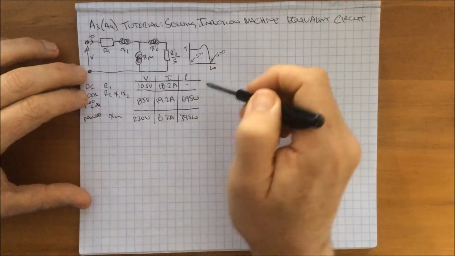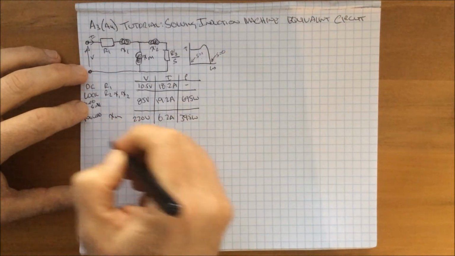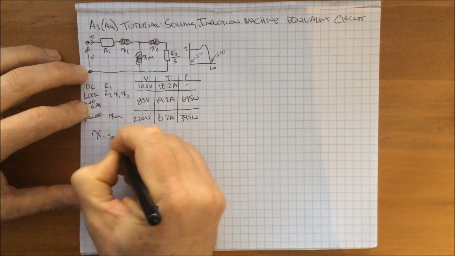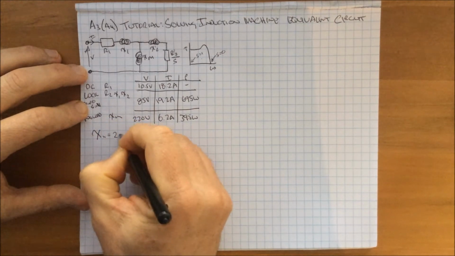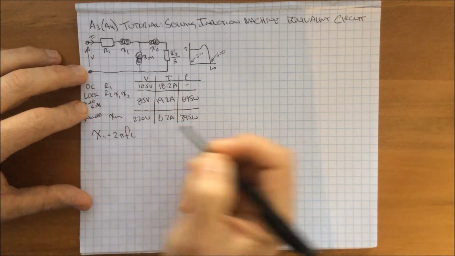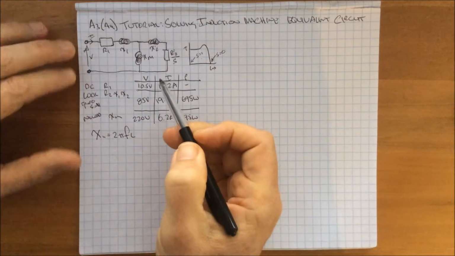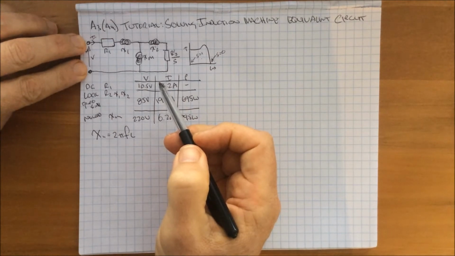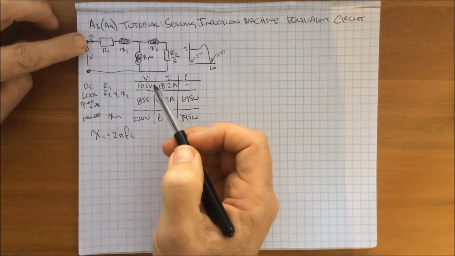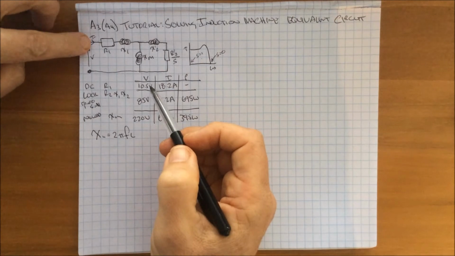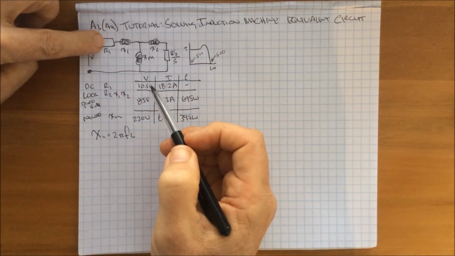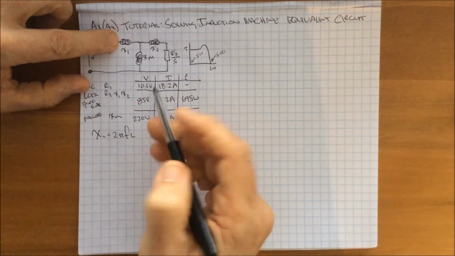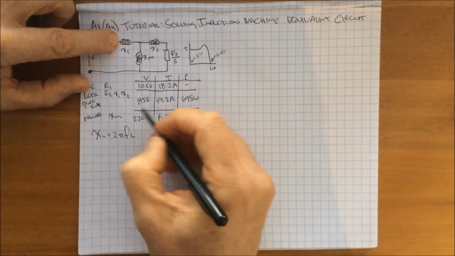in order to understand what we're going to do with this, we need to remember that the impedance of an inductor is 2 pi FL. We've put a DC voltage in here, so the impedance to DC is going to be R1, but there's no impedance here, and the reason for that is because it's DC.